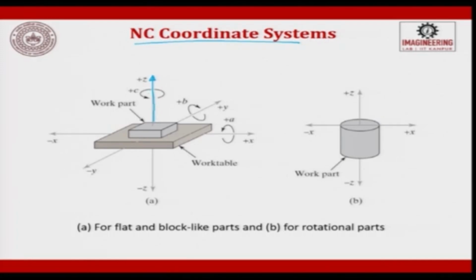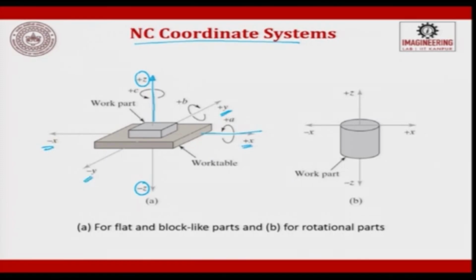When it is towards the workpiece, it is negative, right. And then once you fix this, you will quickly fix your x axis positive, x axis negative, then y axis positive, y axis negative.